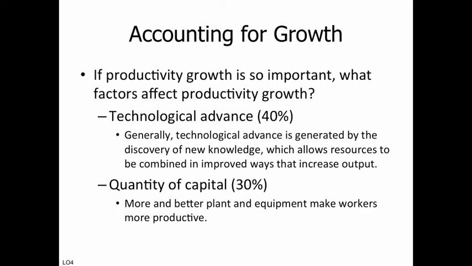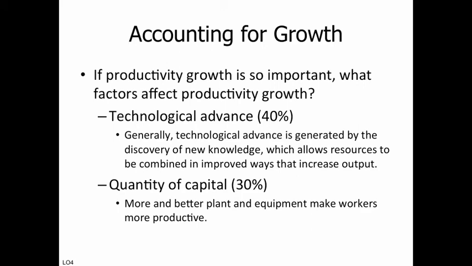Generally, technological advancement is generated by the discovery of new knowledge. This new knowledge allows us to use resources in better ways and therefore improve our economic output. Another important contributor is the quantity of capital.